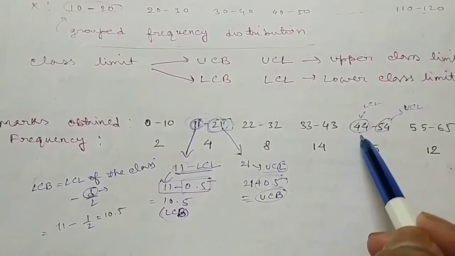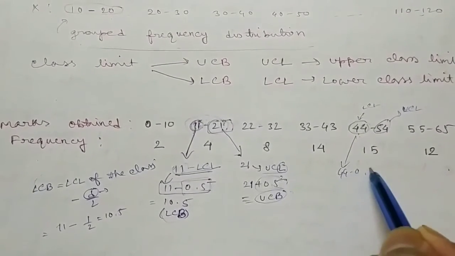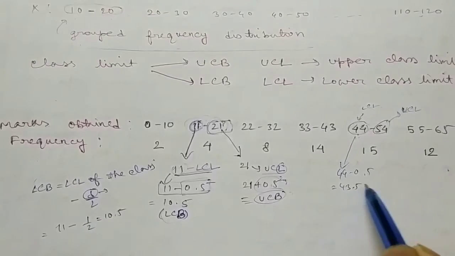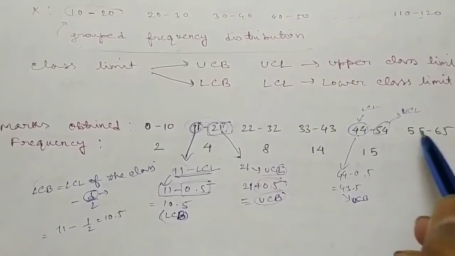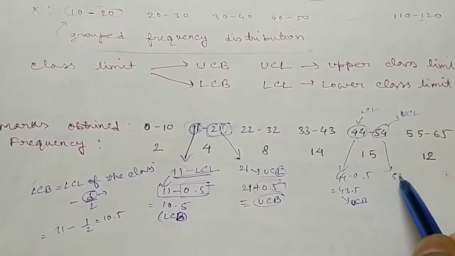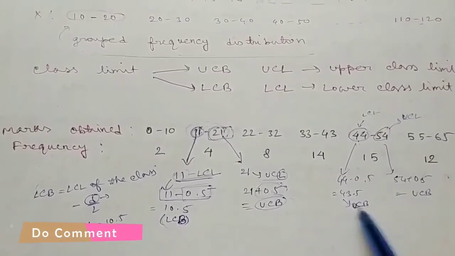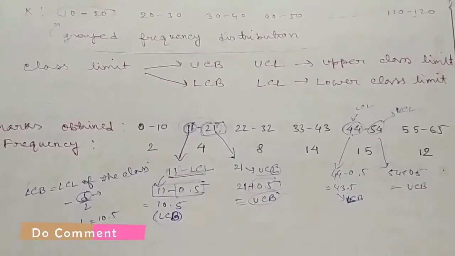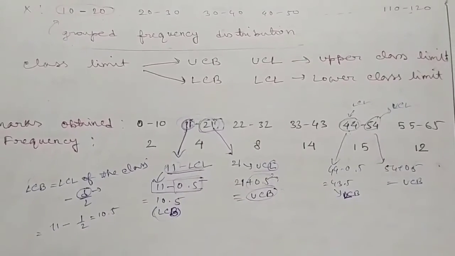If we subtract 0.5 from this, 44 minus 0.5, it will be equal to 43.5, which is the LCB, and if we add 0.5 to the upper limit, it will be its UCB. So I think this is clear to you.